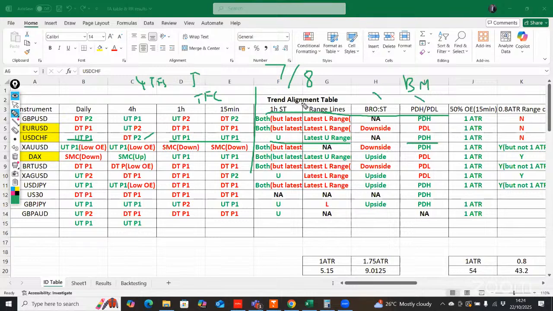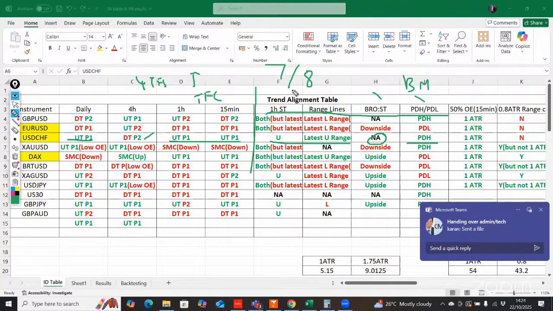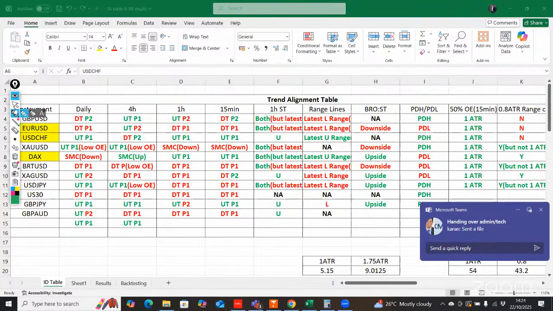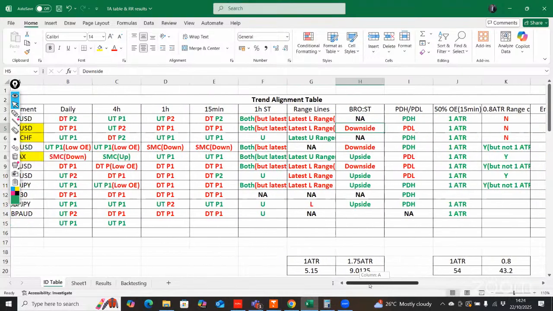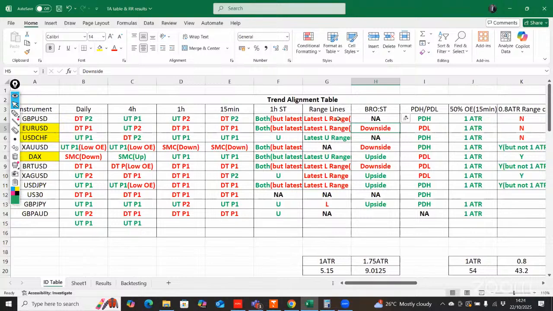Out of them, you can say easily that 7 out of 8, except for this one, not yet, are pointing all towards the upside. That's why our bias is towards the upside over here. That's the whole premise of what we are showing.